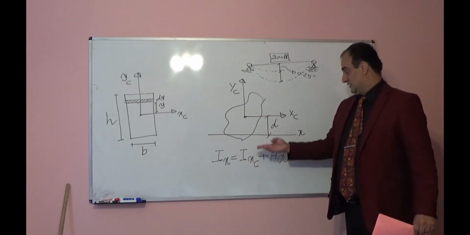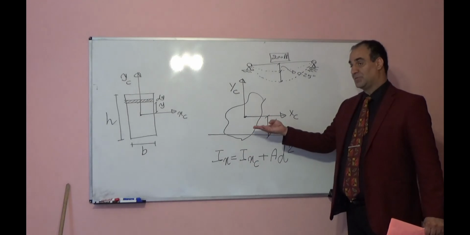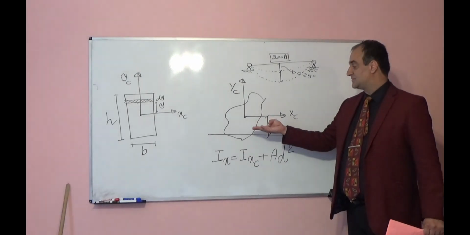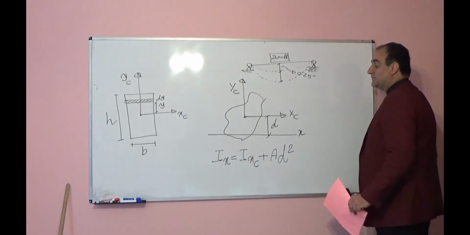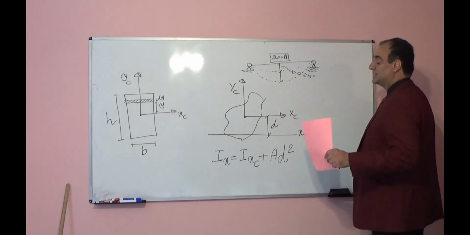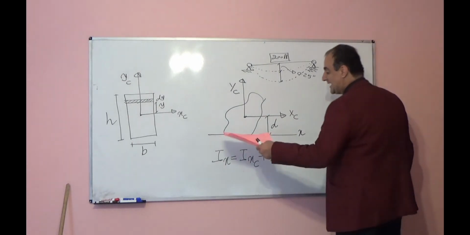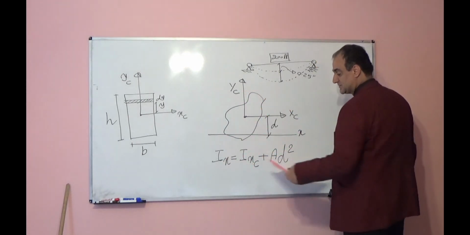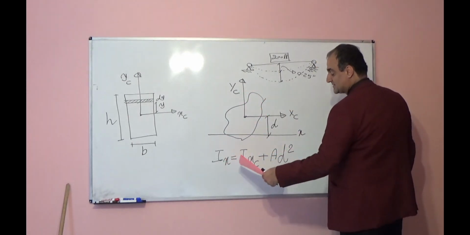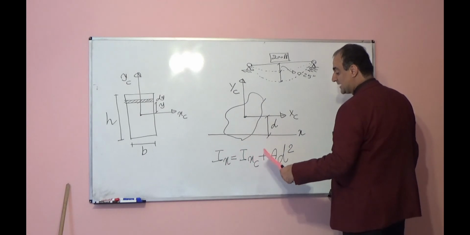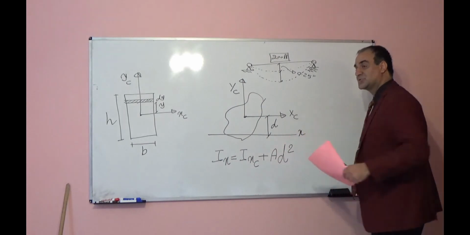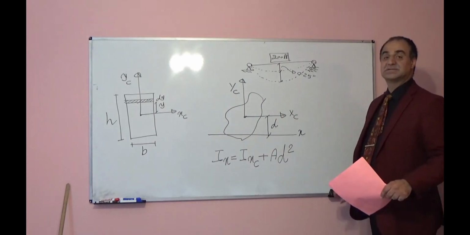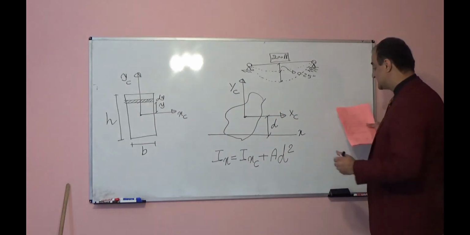So if we now have moment of inertia with respect to the axis that passes through the centroid, we can transform it to any axis parallel to those with this formula. Ix is equal to Ixc plus the cross-sectional area times d squared. d is the distance between the two axes.